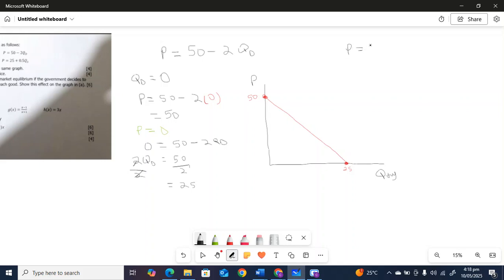Supply function is 25 plus 0.5QS. So you can get the y-intercept, where basically the supply function is cutting the y-axis. Okay, and that is when quantity supplied is 0.